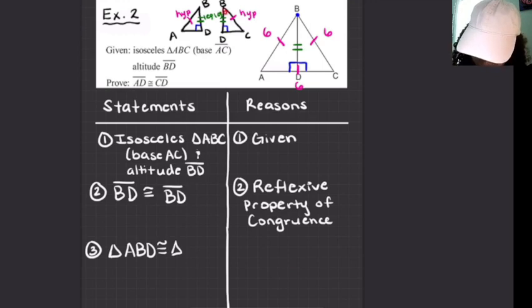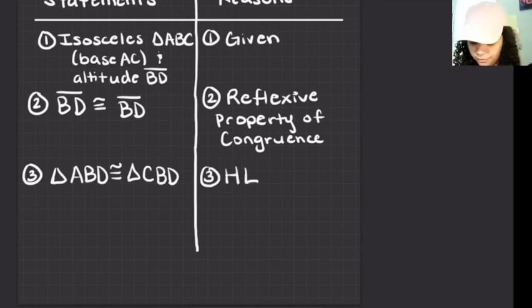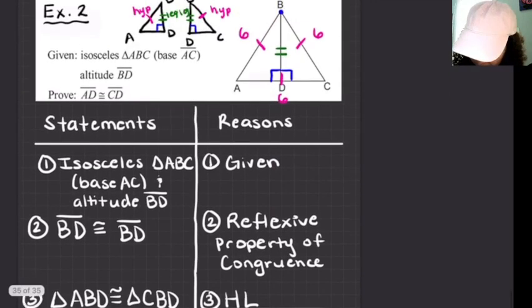I can't say triangle DCB, if that makes sense. I have to follow it in the same exact order. So ABD, I have to say CBD. And we said that was from the hypotenuse leg theorem. You don't have to write out the whole theorem, just say HL.